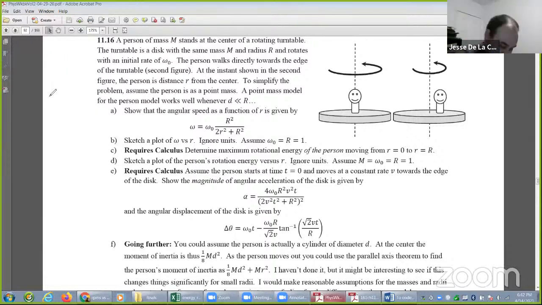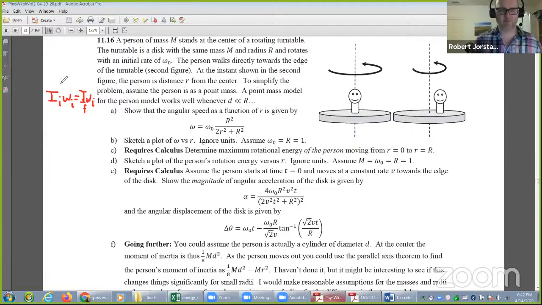I initial omega initial equals I final omega final, because we know the omega initial already, and then we can easily find the I initial. Okay, so you're saying we know that. Can we find the I final? Yes. Do we know omega initial?